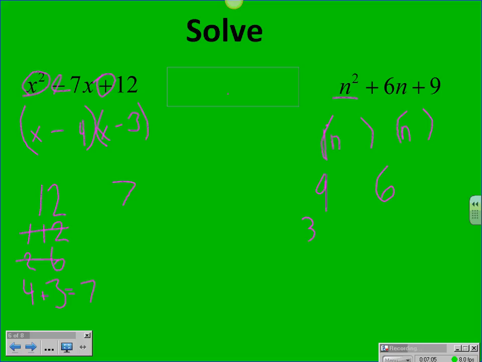There's 3 times 3, and 9 times 1, but 9 plus 1 does not equal 6. And 3 plus 3 equals 6. So we plug it in, and since it's a positive and a positive, our signs will be a positive and a positive.